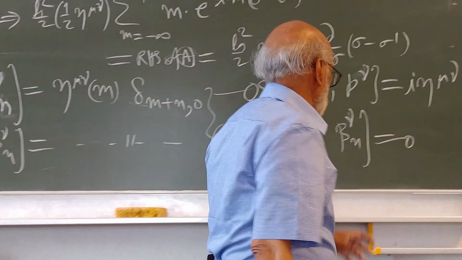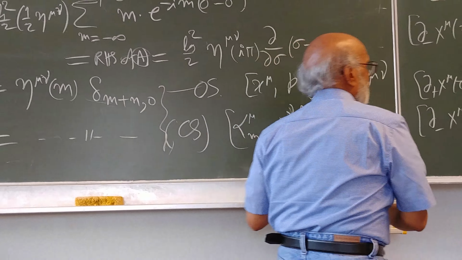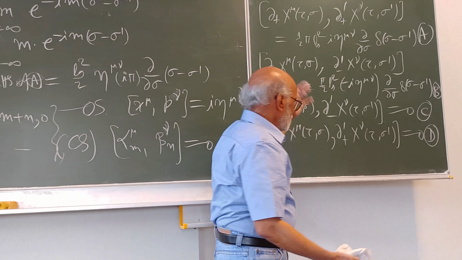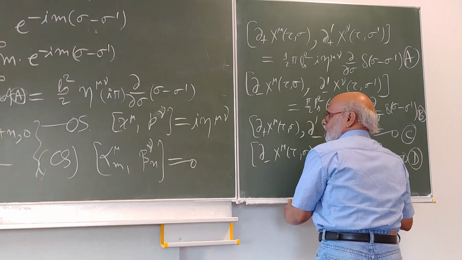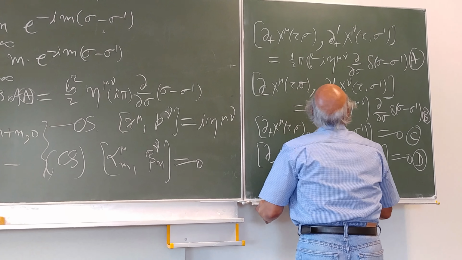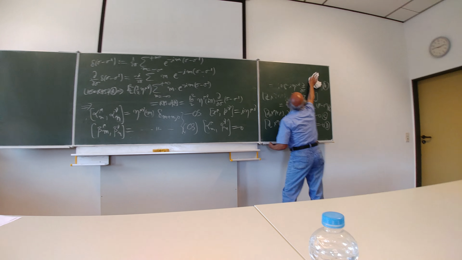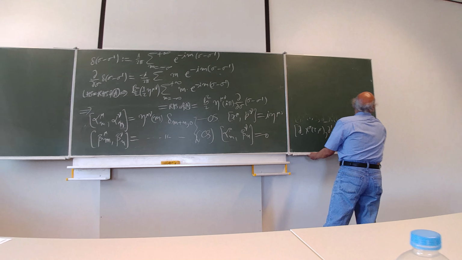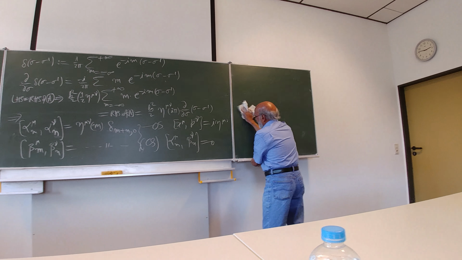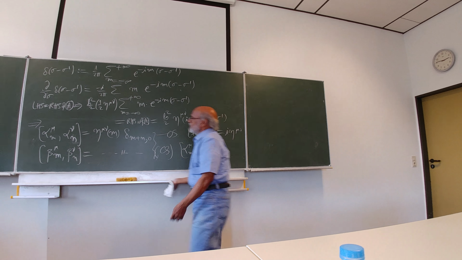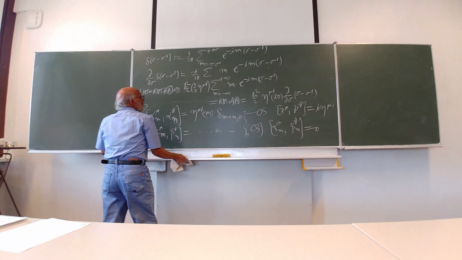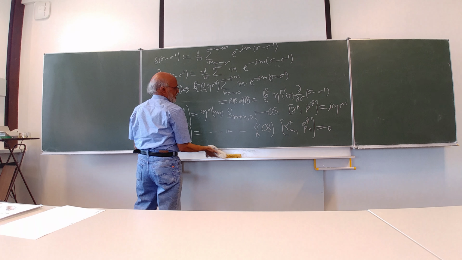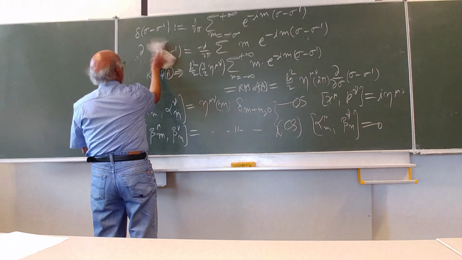So now I can remove this. Okay, these results lead us to these results, and now we can try to look at the Virasoro constraints and the Virasoro algebra. So I think we could even remove all this.